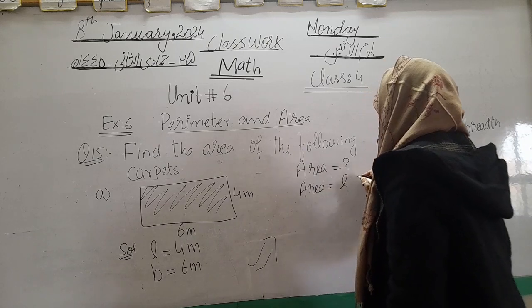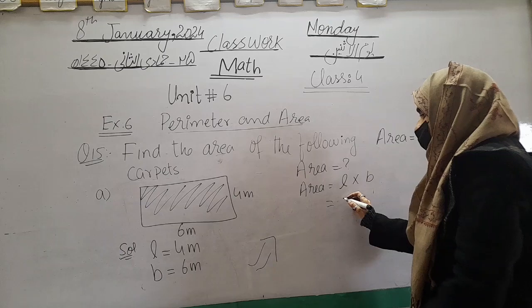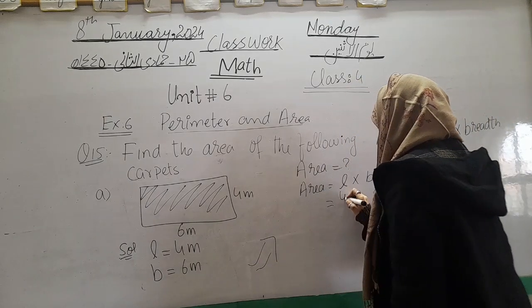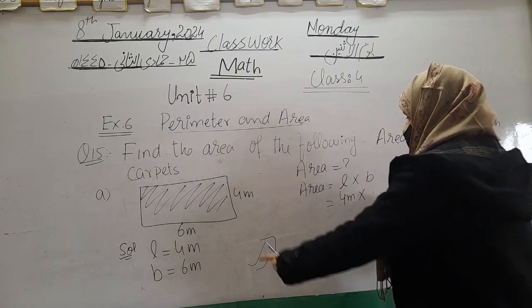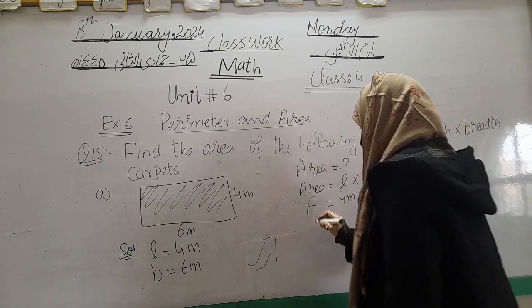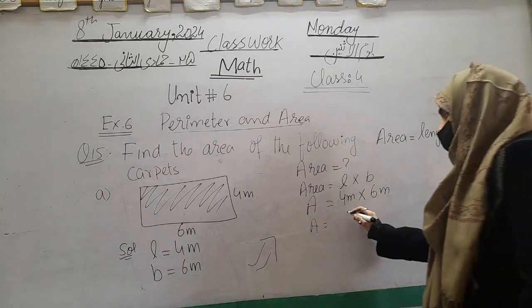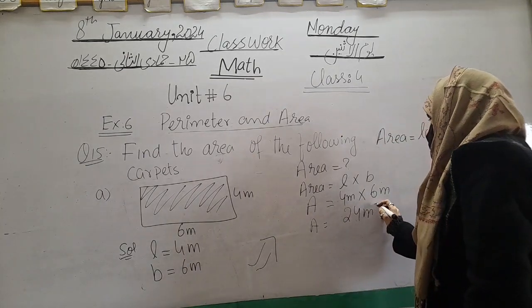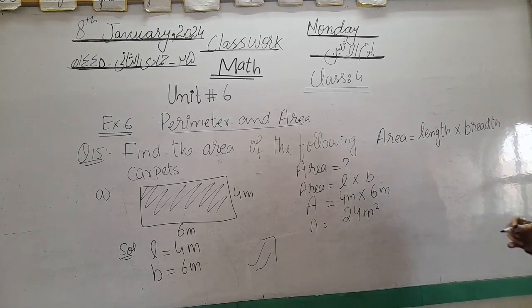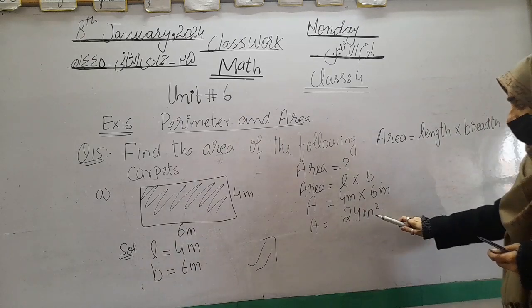Area is equal to length multiplied by breadth. You simply put the value of length, 4 meter, multiplied with the breadth, 6 meter. A stands for area. Now 4 multiplied by 6 is 24 meters squared. When length is 4 meter and breadth is 6 meter, the area is 24 meters squared.